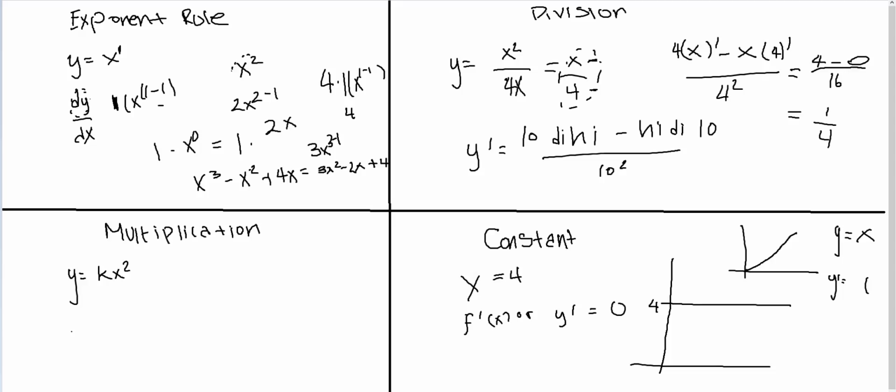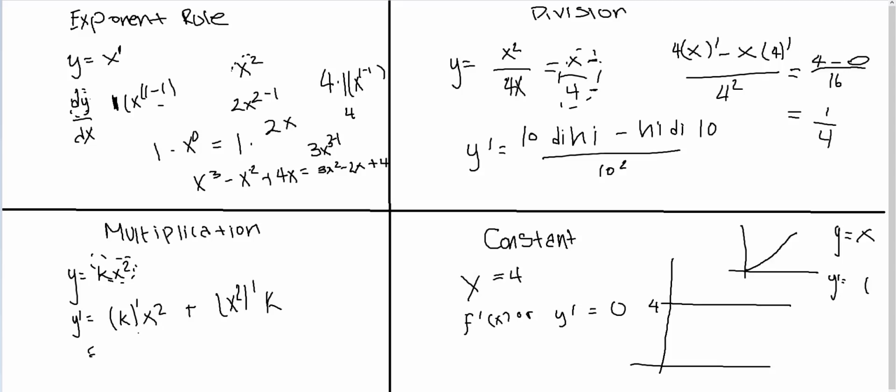So we can say that y prime is actually going to be equal to the derivative of our first function, our first value, multiplied by the second value, plus the derivative of our second value multiplied by our first value. And that'll give us the derivative of this entire function.